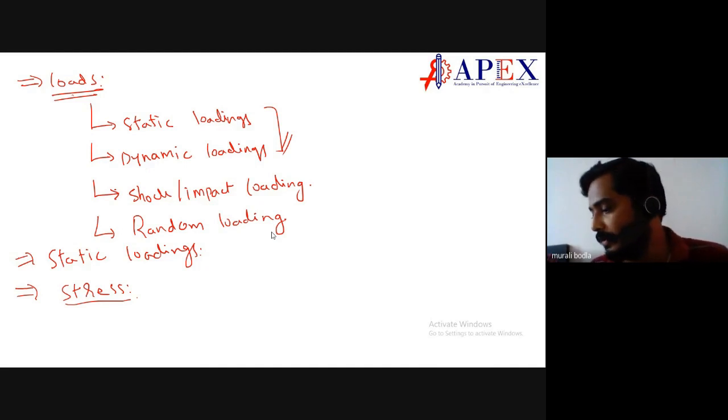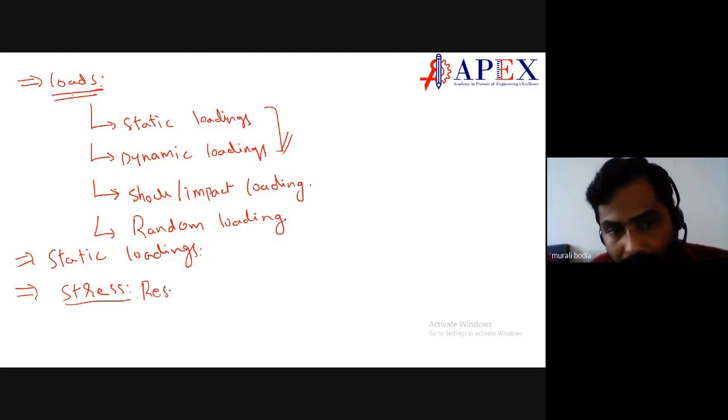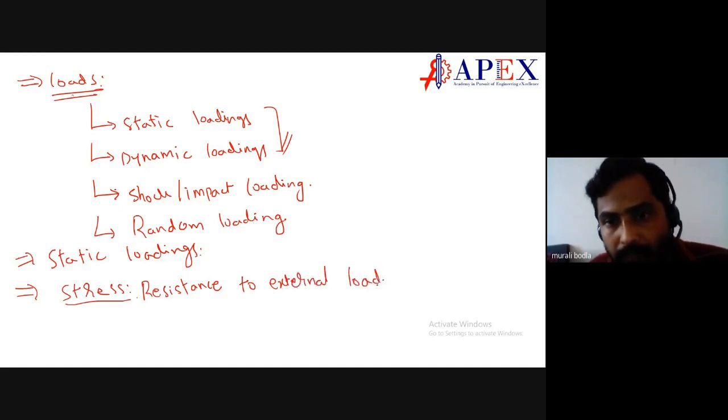And how do you mathematically define it? When it is trying to resist, there will be internal forces developed at every cross section of the member, and we mathematically define it like this: applied force divided by the cross-sectional area of the component.